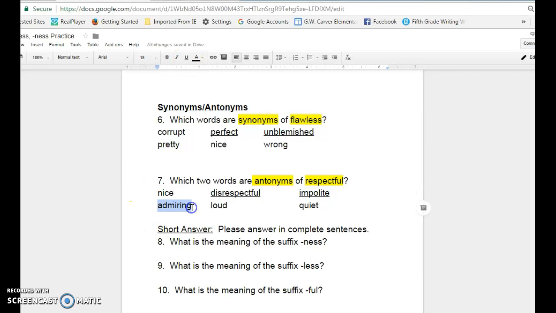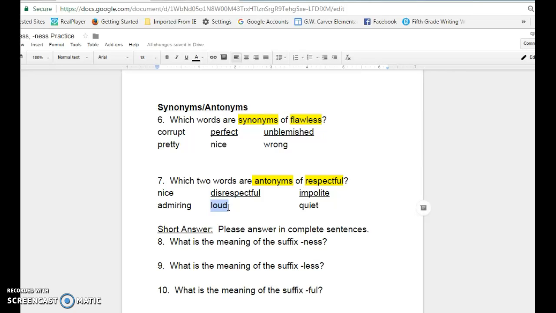Admiring. Well, if you are admiring someone, that's kind of nice. That's not going to be the opposite. Loud. Now, this one's a close one. Okay? Because when you think of being disrespectful, often you are loud when you're disrespectful. But you can also be loud and be respectful. I mean, you could be yelling to someone, hey, can I please have this?